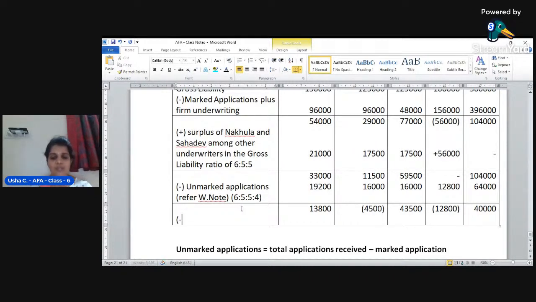So now what should you do? You should distribute the surplus by adjusting against the other underwriters.